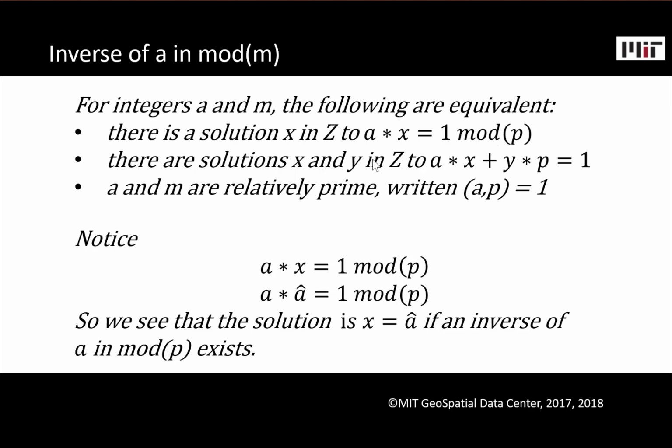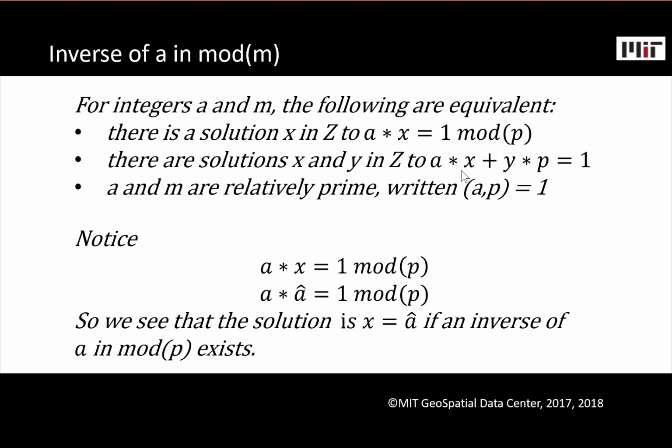Another way of writing this is we can add any multiple of p because we're taking moduluses of p. You saw that with the clock, where p would be 12. y could be 1, 2, 3, 4. It won't change the value of ax with respect to modulus p.